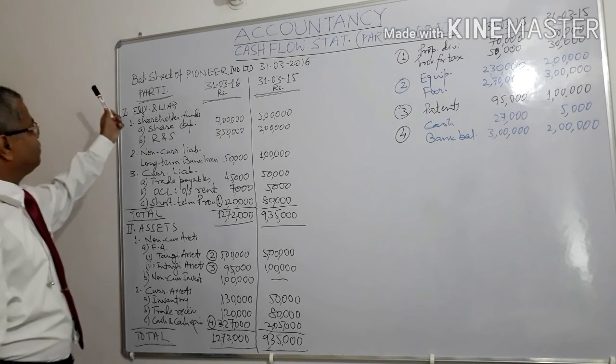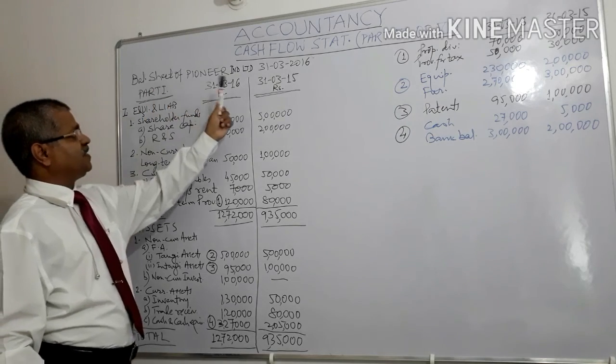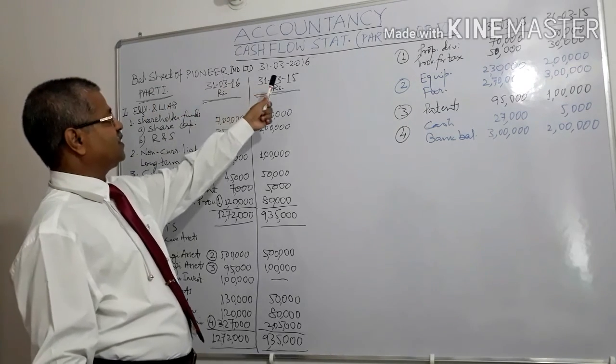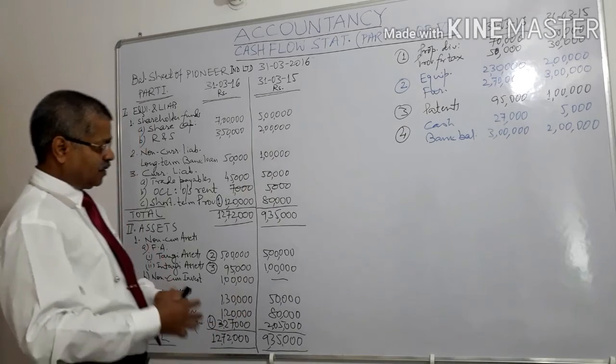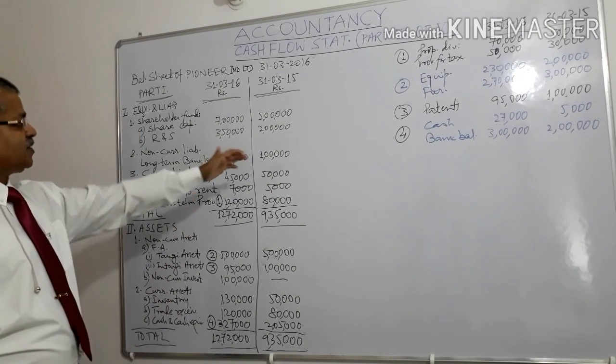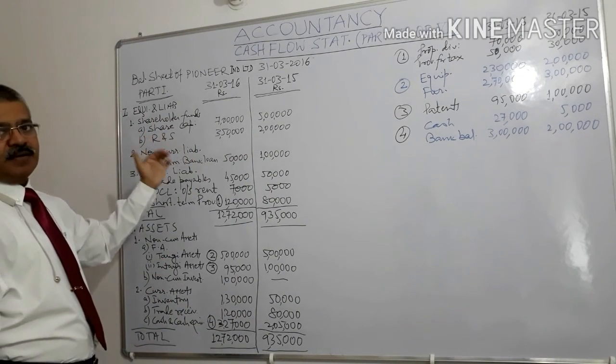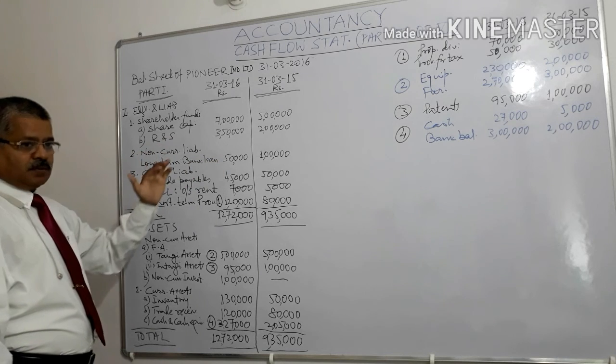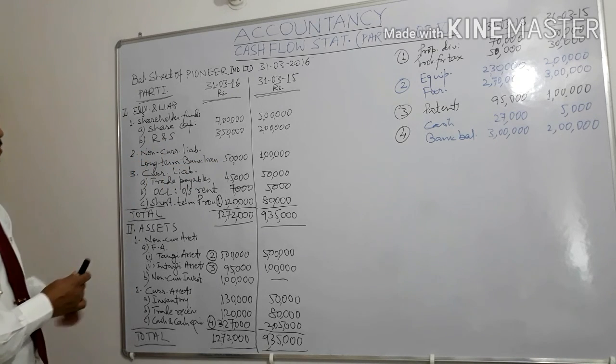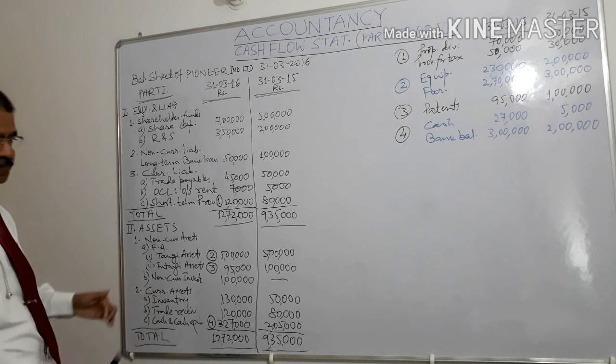So we have taken a sample balance sheet of Pioneer Industries Limited as on 31/3/16, right? And 2 years figures have been given so that we can derive cash flow statement out of the information given.